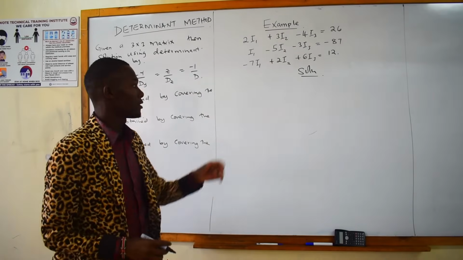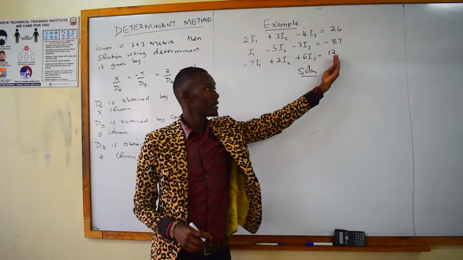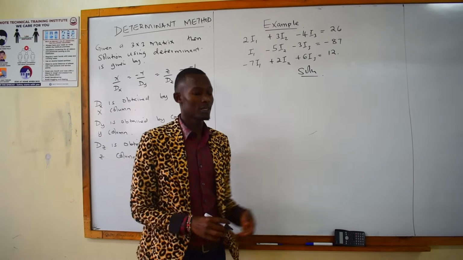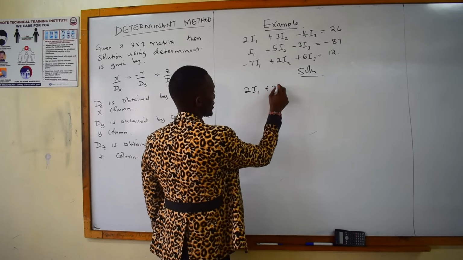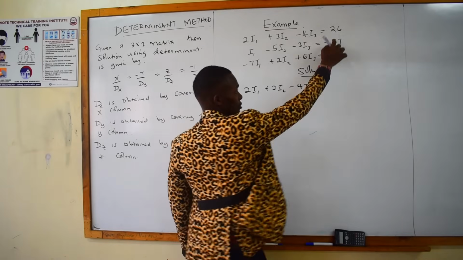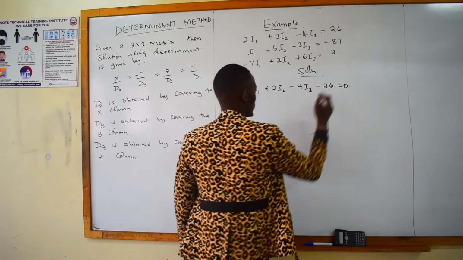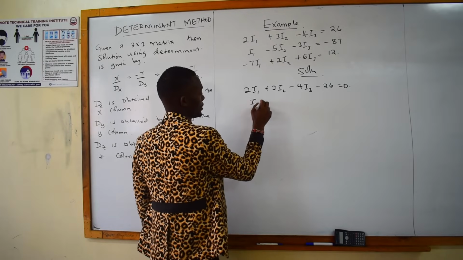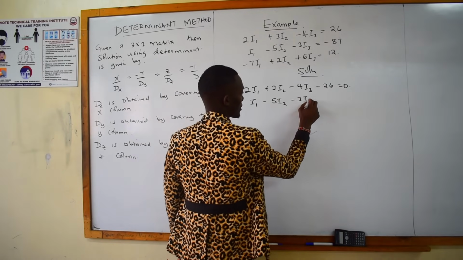Step number 1 is to bring the right hand side terms to the left hand side. So we shall have 2I1 plus 3I2 negative 4I3. When you bring 26 to the left hand side, it becomes negative 26 equals 0. Then you have I1 minus 5I2, then minus 3I3.